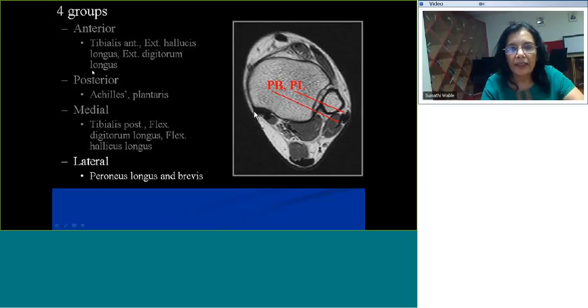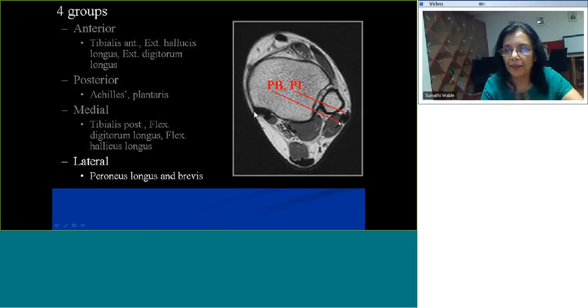The tendons can be easily divided into 4 groups: the extensor tendons being the anterior, the flexor tendons being the medial, and the lateral groups. The medial tendons are the tibialis posterior, digitorum, and hallucis, and the peroneus longus and brevis tendons are on the lateral aspect.